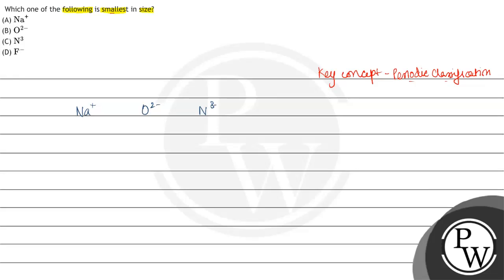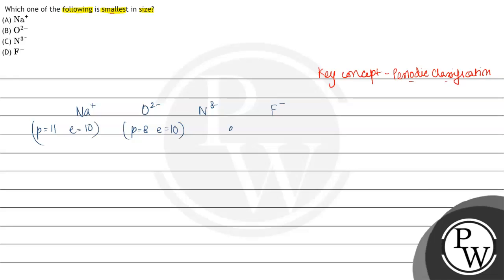So let's write ये सारे ions and see the number of electrons and protons. Na plus में protons are 11 and electrons are 10. Oxygen के 2 negative में electrons are 10 and protons are 8.